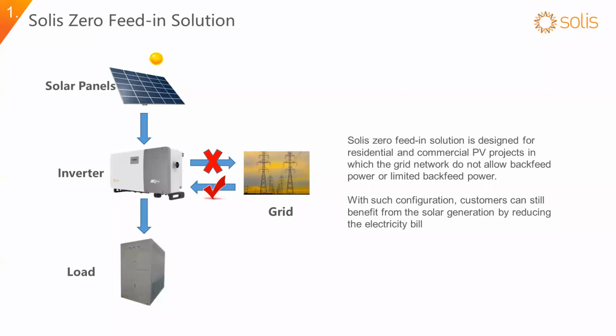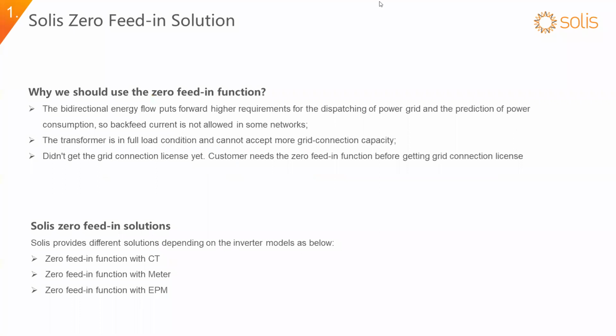So why should we use the zero fading function? There are three reasons. The first one is that if you want to export power into the grid, you will need bidirectional energy flow on your local distribution system or local transmission system.